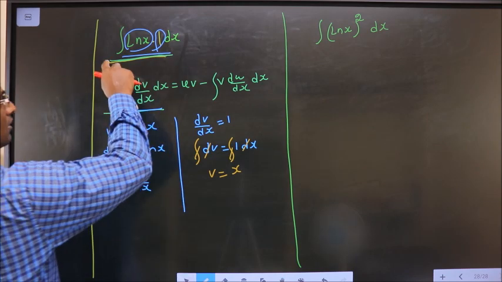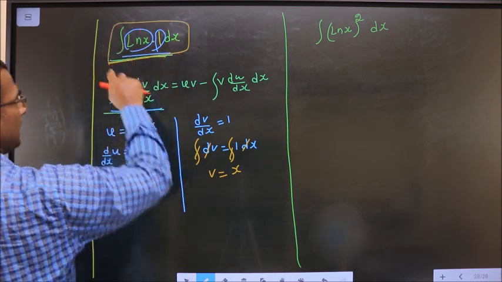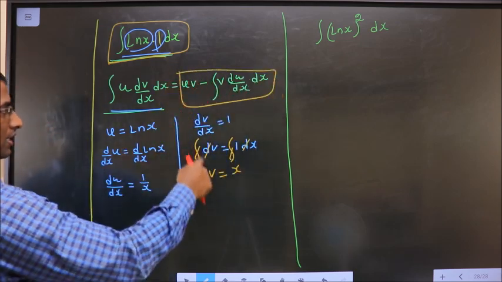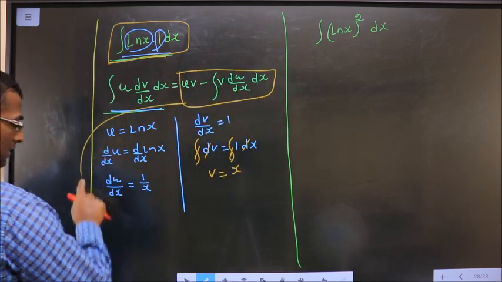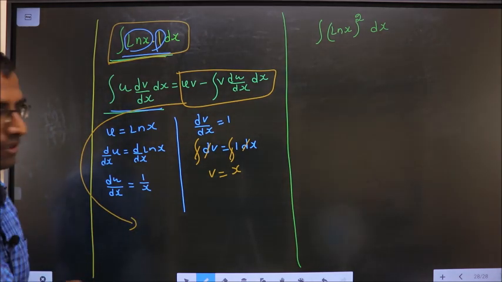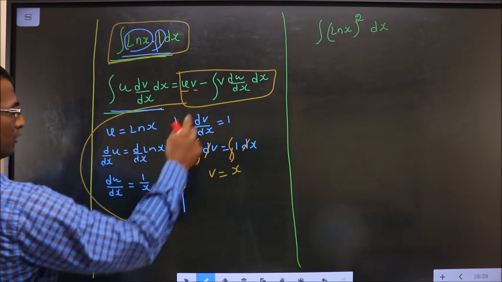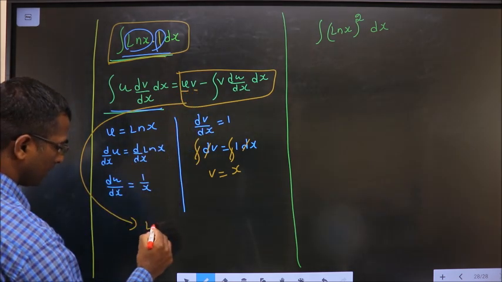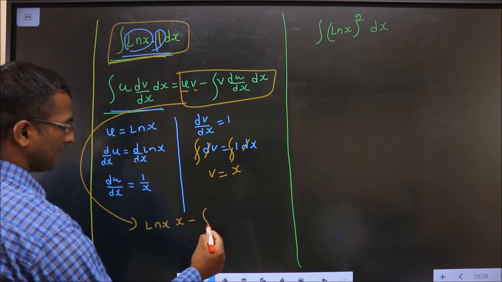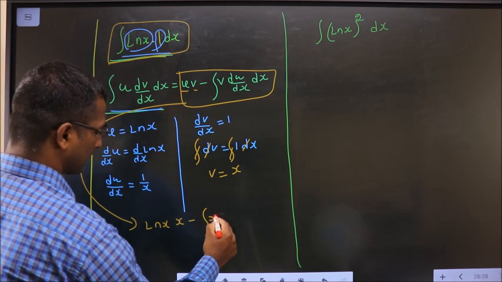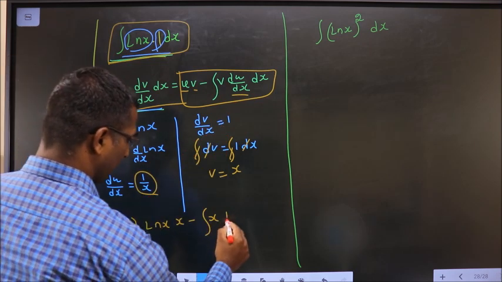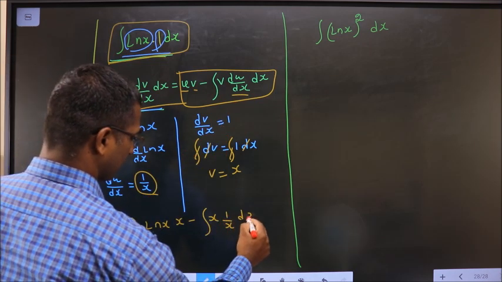Clear? So now integration of this is equal to this one. Let us replace all these values in this one. So this will become, it is u into v. U is ln x, v is x, minus integration of v times du by dx, 1 by x dx.